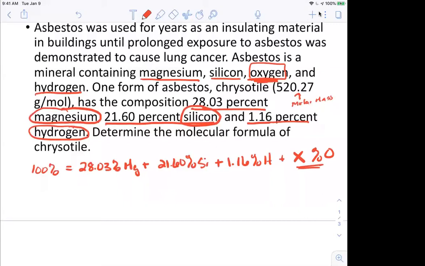If I take 100 minus 28.03 minus 21.60 minus 1.16, what I'm going to get is 49.21% oxygen. So now I have the percent composition for the entire sample.